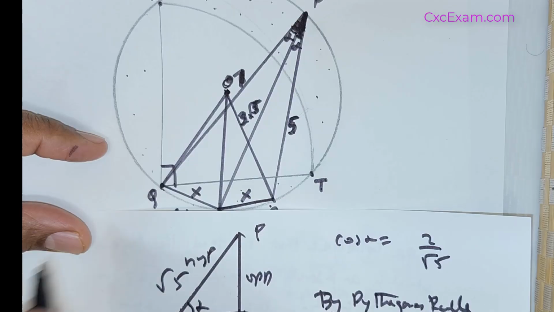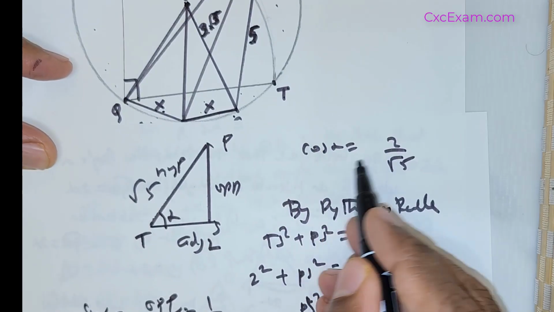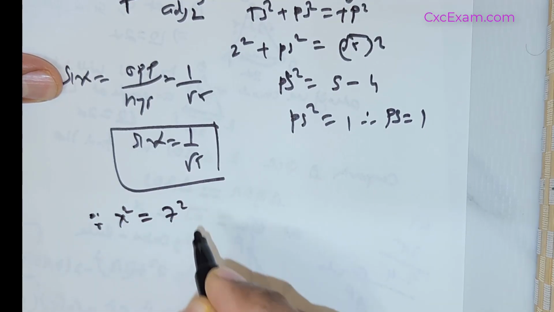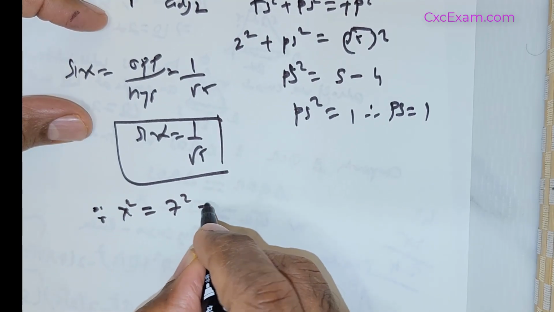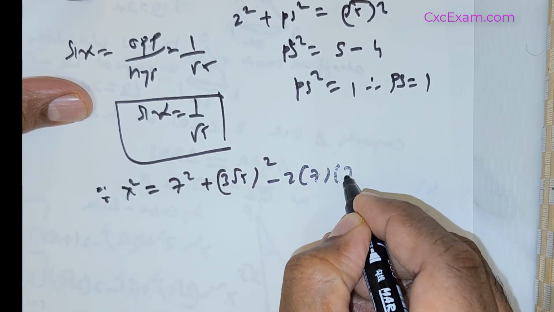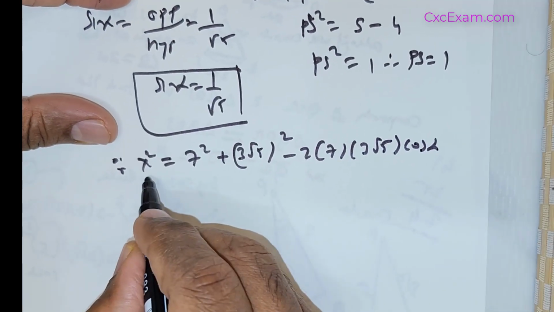The value of x, in fact we have to get x now because we have just got cos alpha. So let's just get x. So we know that x squared is equal to 7 squared plus 3 into root of 5 squared minus 2 times 7 times 3 times the root of 5 times cos of alpha, right?